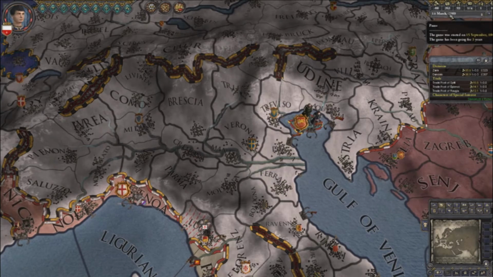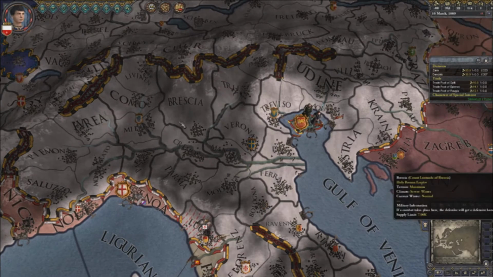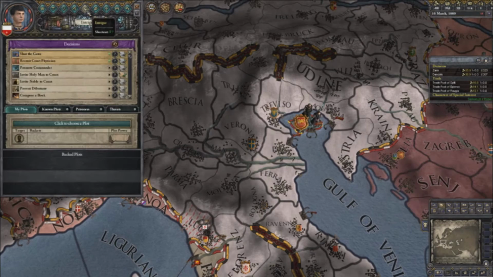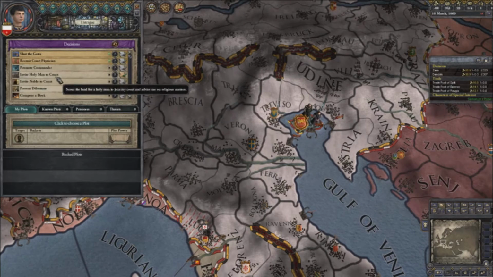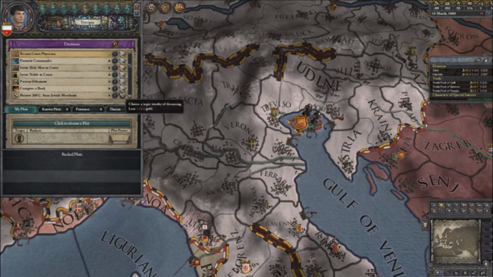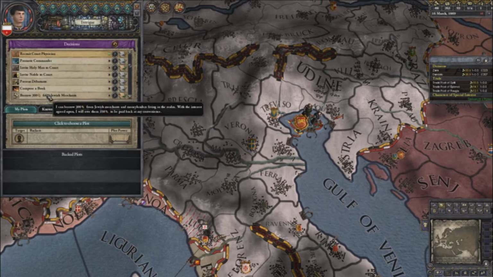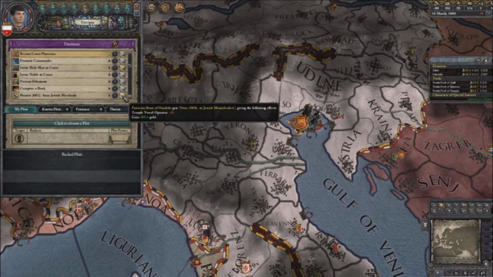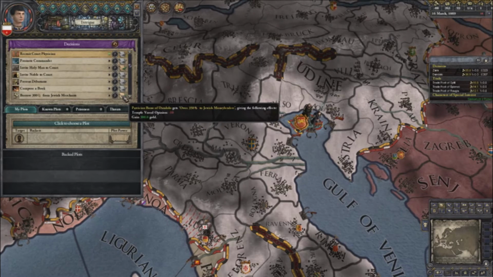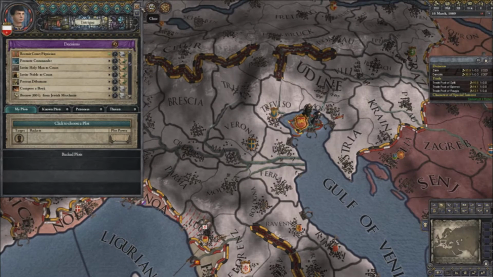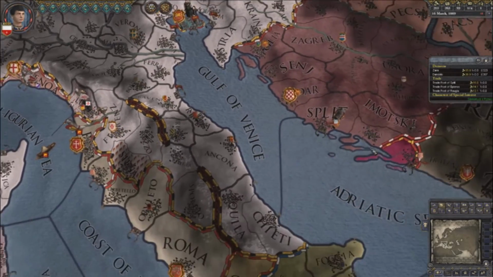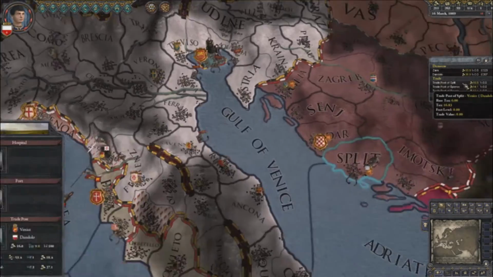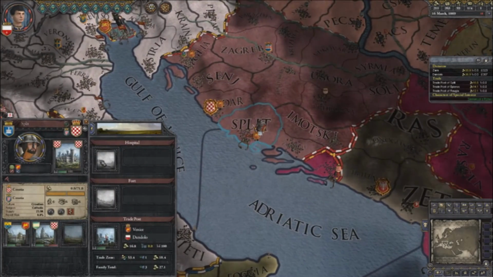We lose a lot of cash doing this. Let's see here. We could borrow money from the Jewish merchants to fix that. In fact, I think I will. We'll borrow that from the Jewish merchants to both get us out of debt and be able to make a few upgrades.